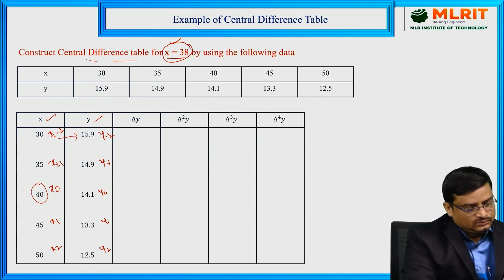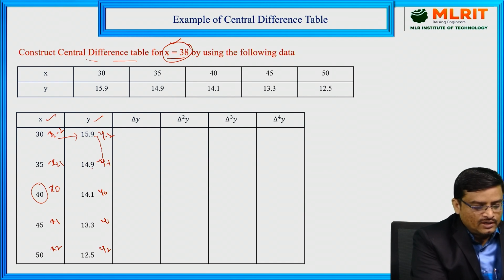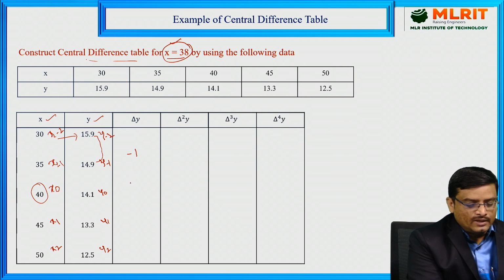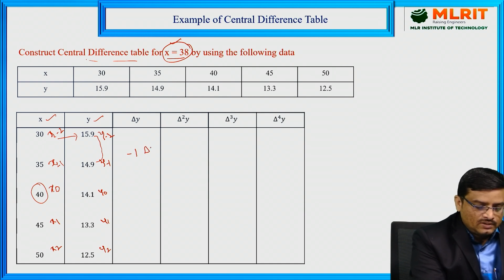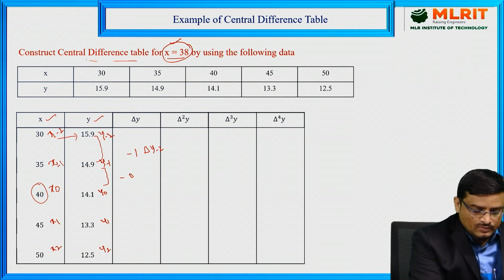As usual, now find out the difference between these values. So 14.9 minus 15.9, you will get minus 1, which is represented with delta y suffix minus 2. Now take the difference of this. So 14.1 minus 14.9, this is minus 0.8. This is represented with delta y suffix minus 1.